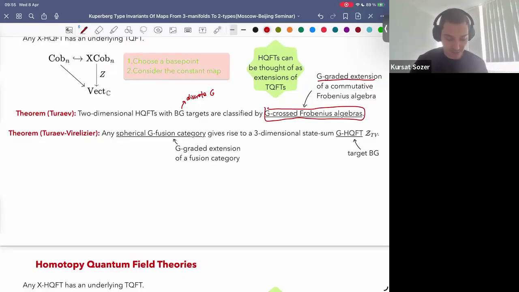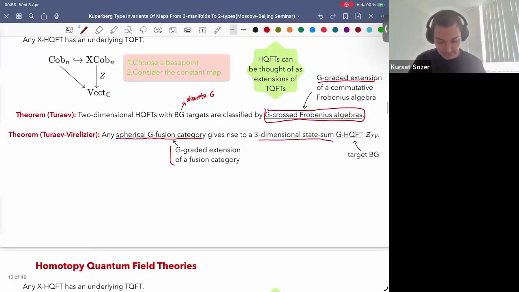In three dimensions, Turaev and Virelizier extended the three-dimensional state sum TQFT to three-dimensional HQFT with target BG. And any spherical G-fusion category, in this case, gives rise to a three-dimensional state sum G-HQFT. Again, this algebraic notion is parallel to two dimensions: this is a G-graded extension of a fusion category.